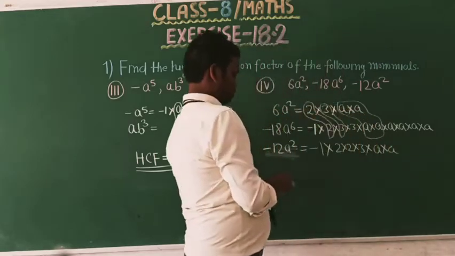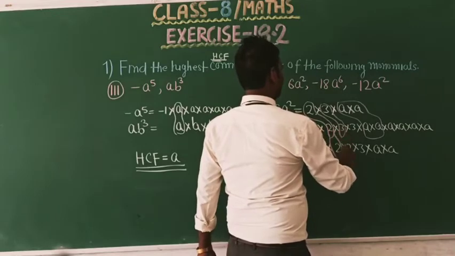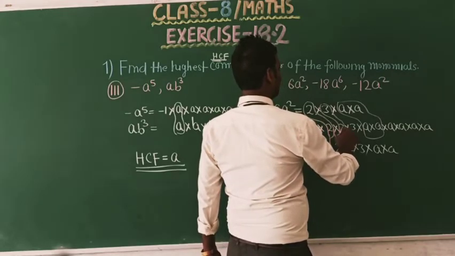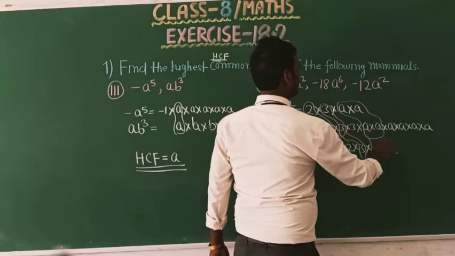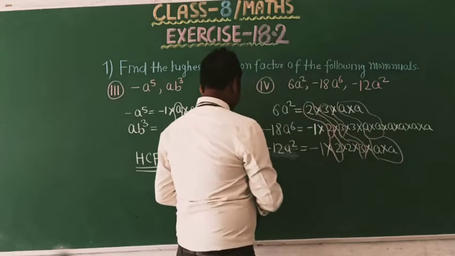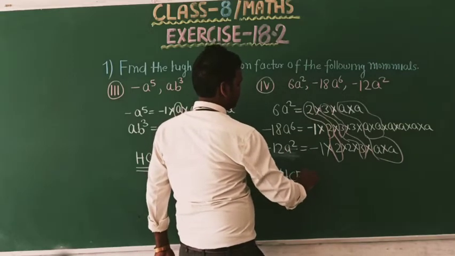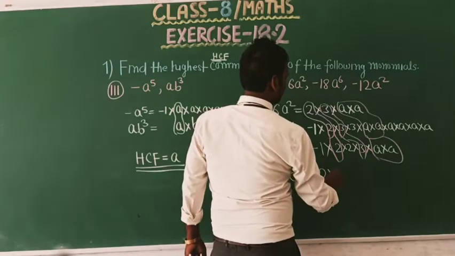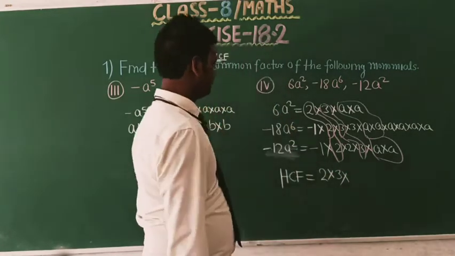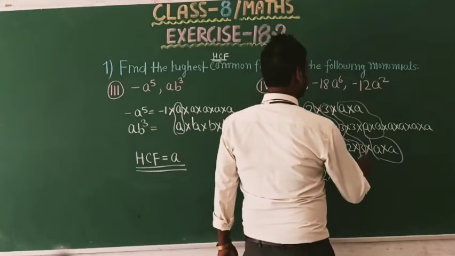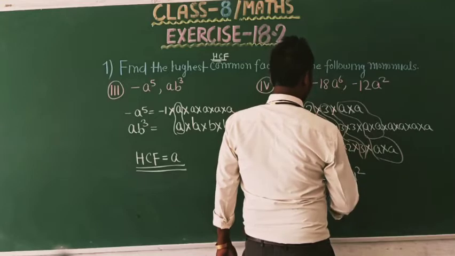So the common factors are 2, 3 and a, and the highest common factor is HCF equal to 2 into 3 into a square, since a into a is a square.